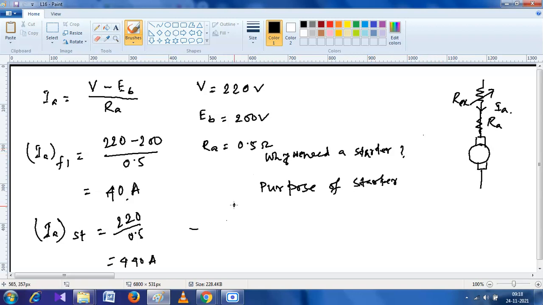Write down the purpose of starter. Number one, to limit the initial high current or starting high current.